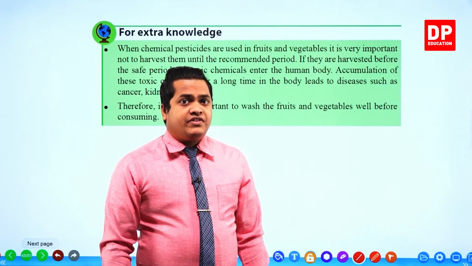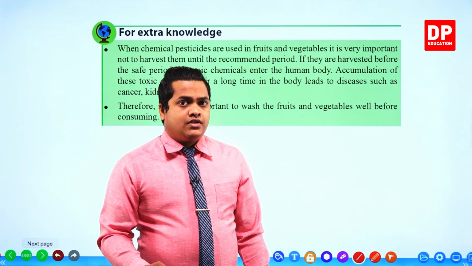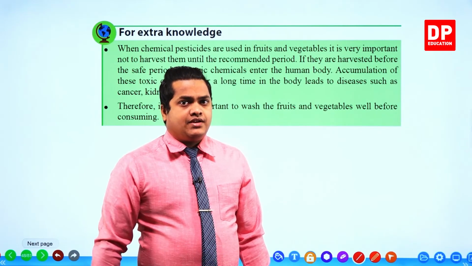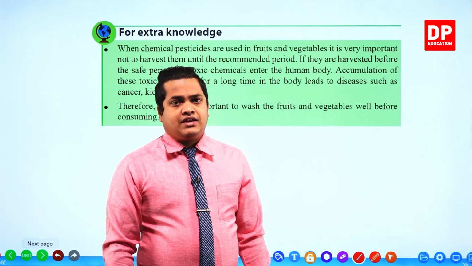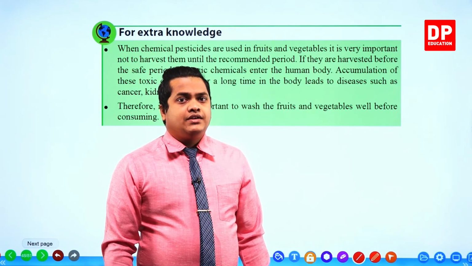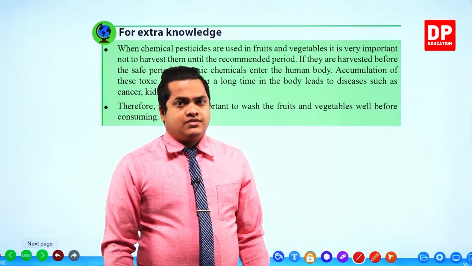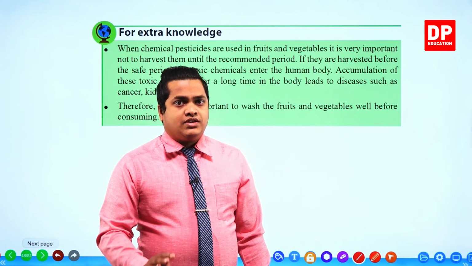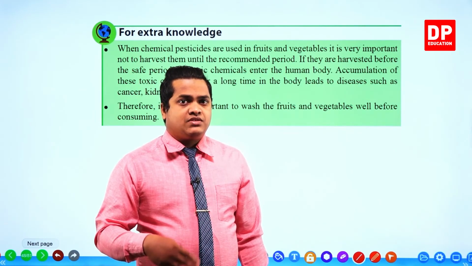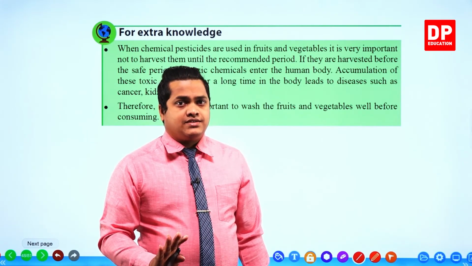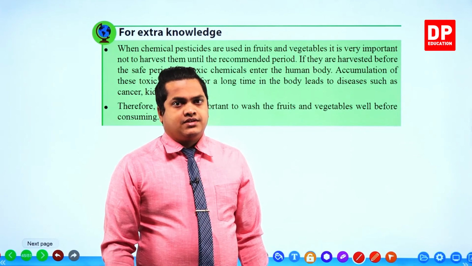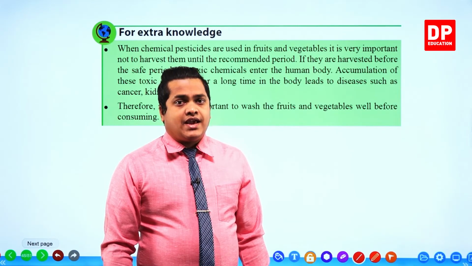However, if the harvest is plucked before that time period, then my dear children, these chemicals will definitely come with those fruits or vegetables. So consuming these fruits and vegetables more and more often will definitely cause cancers and kidney diseases, as these chemicals are accumulating within our body.